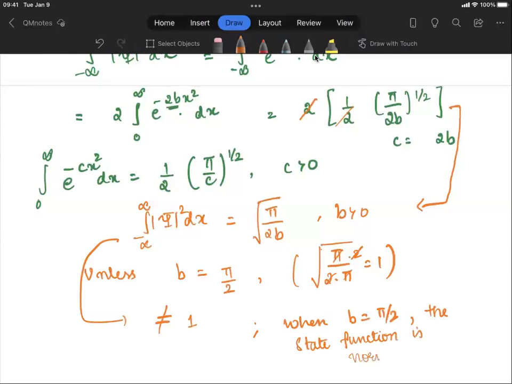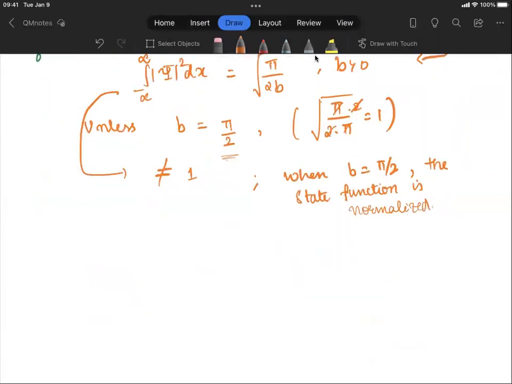So we have a state function that is non-negative, that is real, and that is also normalized. However, we don't know the value of b, and when b is not equal to this particular value, we can see that this particular state function is clearly not normalized.